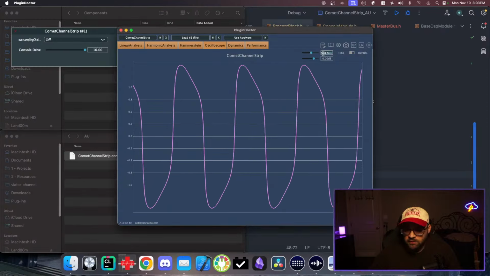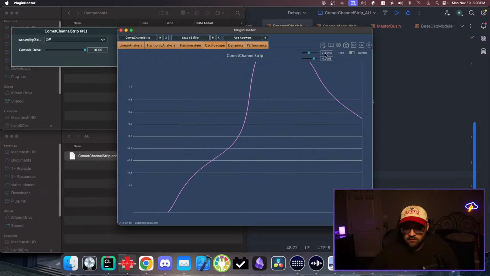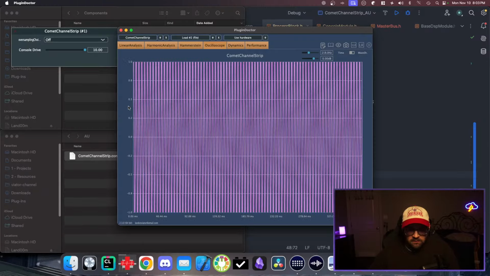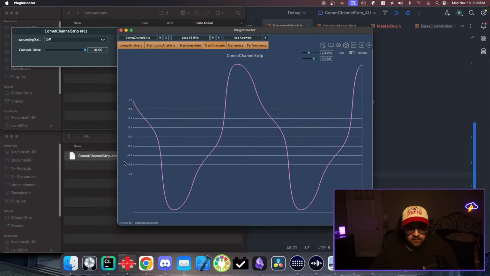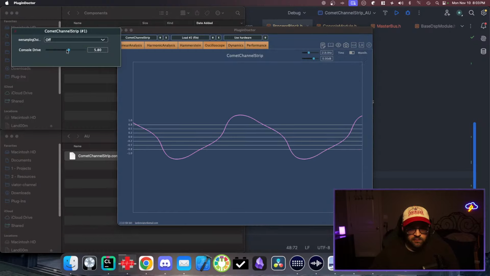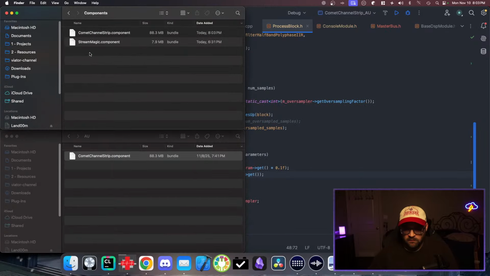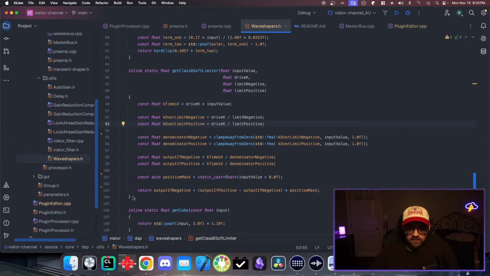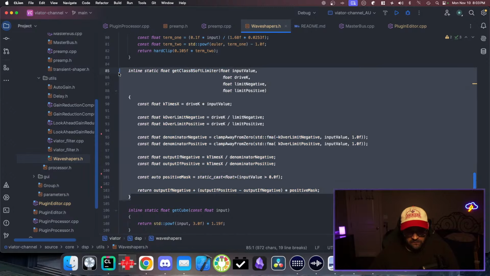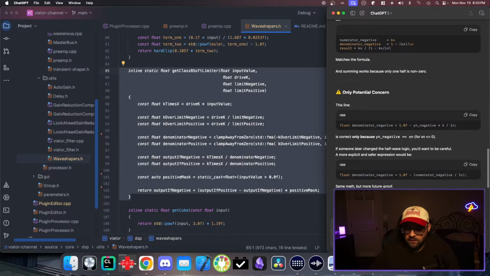Let me try a lower frequency just to see. Okay. That is somewhat similar, I guess. One more thing we could do is I could give it this, and I could say, this is another implementation I did.